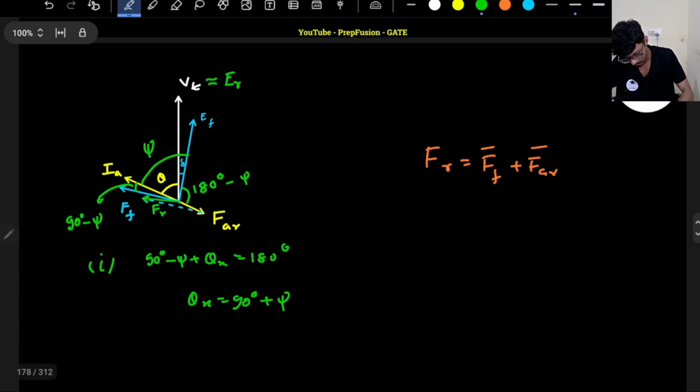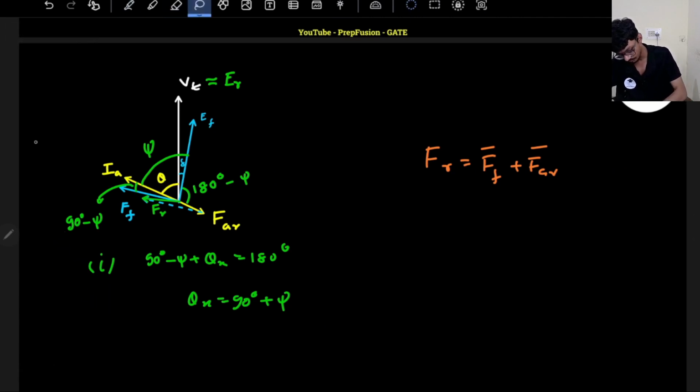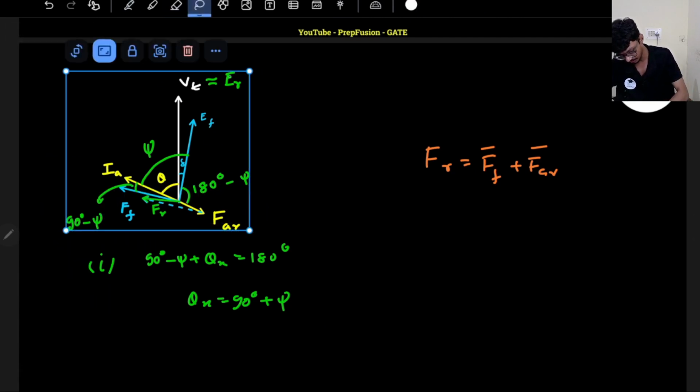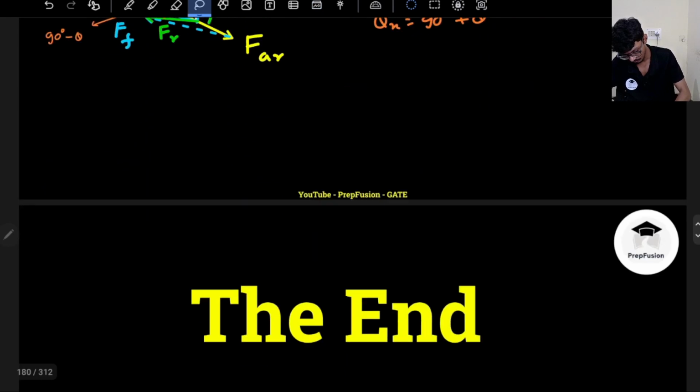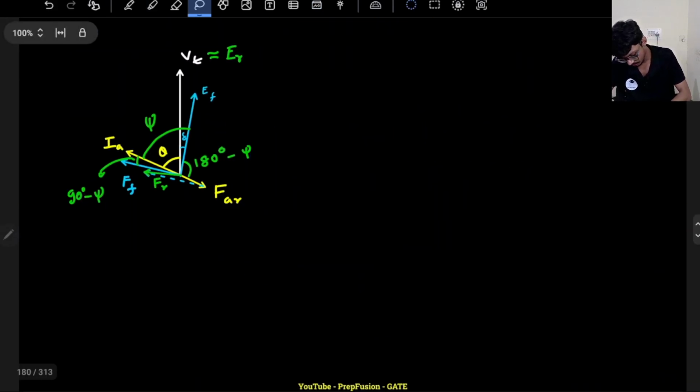For the third one, I can just copy the picture of the first one. This angle is 90 minus psi, I already cleared.